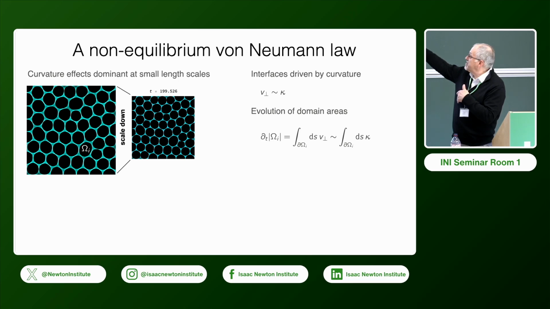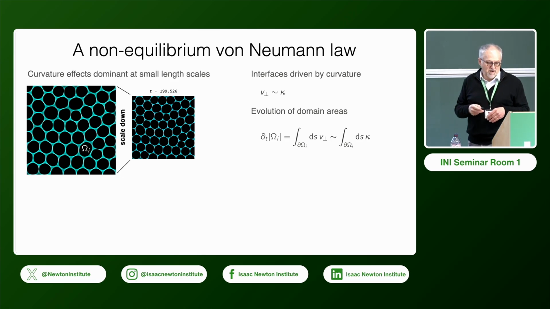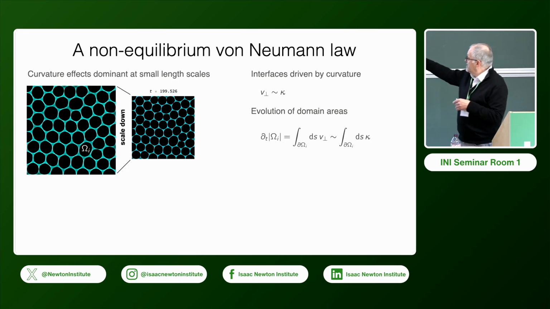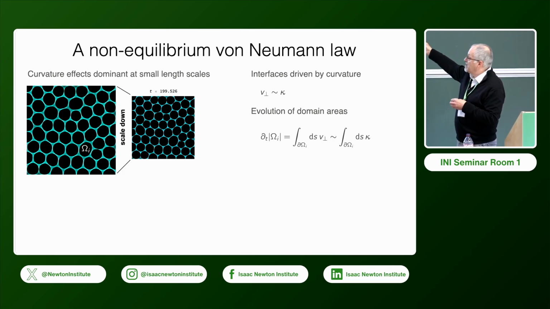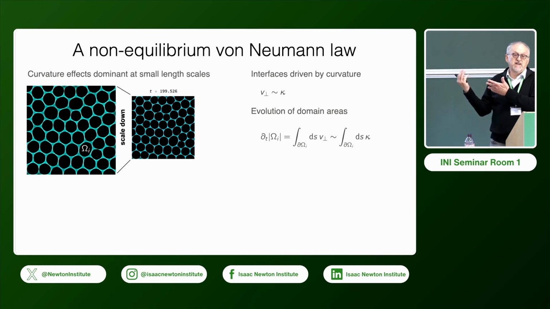If this velocity is proportional to curvature, you can use it to calculate the change of area of these bubbles with different numbers of edges, because that's just a boundary integral with the velocity, and that you can write as a boundary integral with the curvature, but that's just the Gauss-Bonnet theorem.